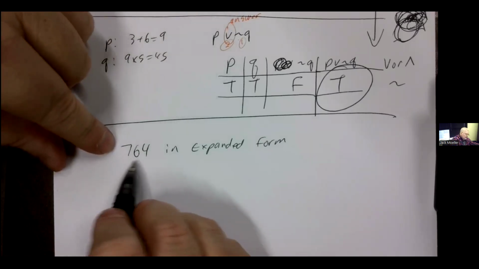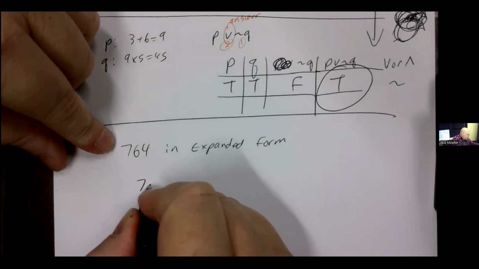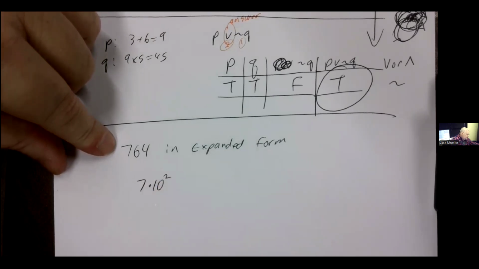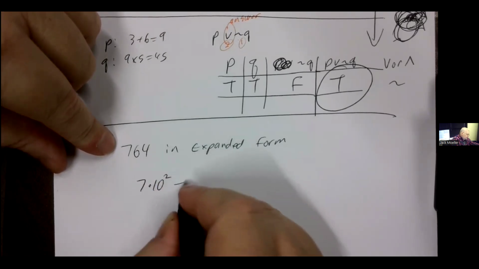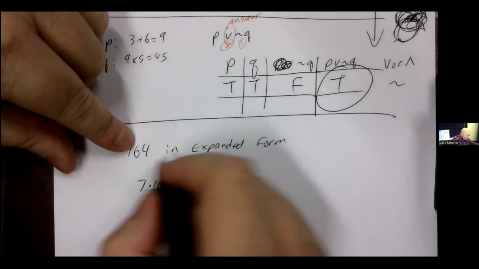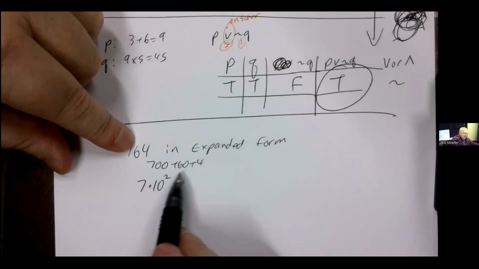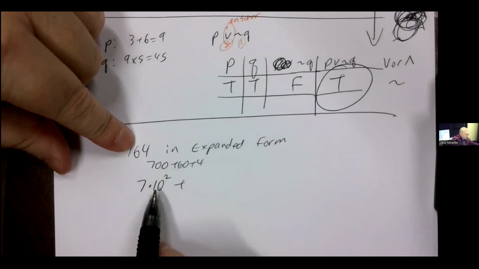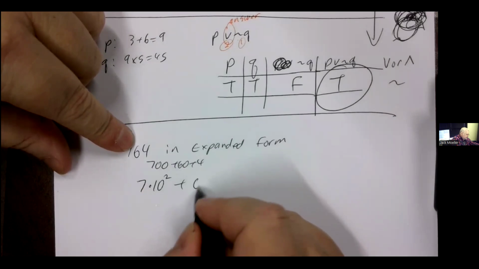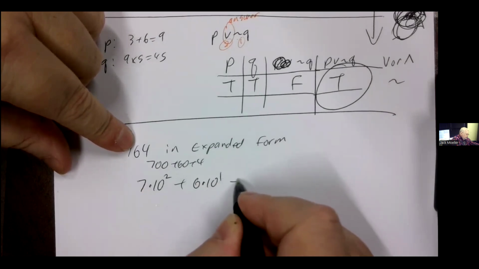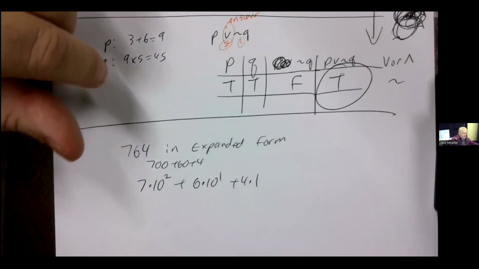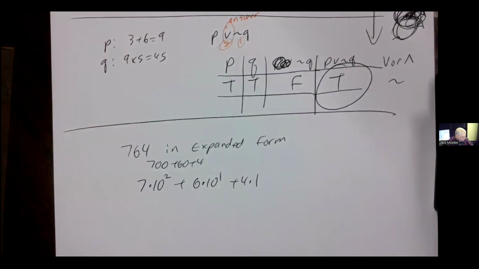So this is 764, which would be 7 times 10 squared. 10 squared is 100, plus 60 when we write this out. If it helps, write it out like this first: 700 is 7 times 10 squared. 60 is 6 times 10 to the first. And then the 4 is in the ones place value, so don't forget to do the times 1.